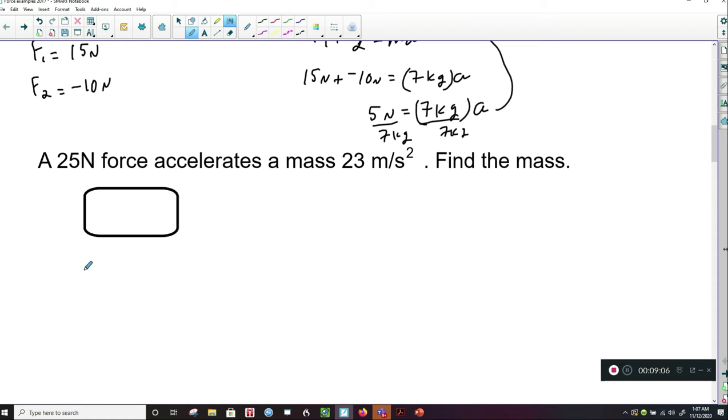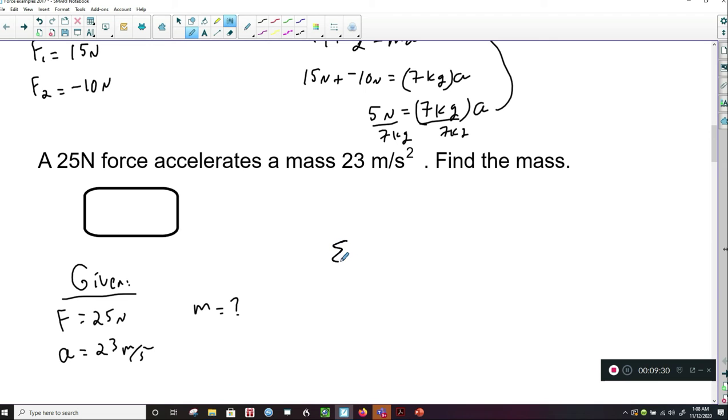Okay, coming back. Hopefully you tried this. Force is equal to 25 newtons. Acceleration is equal to 23 meters per second squared. And I'm looking for m.